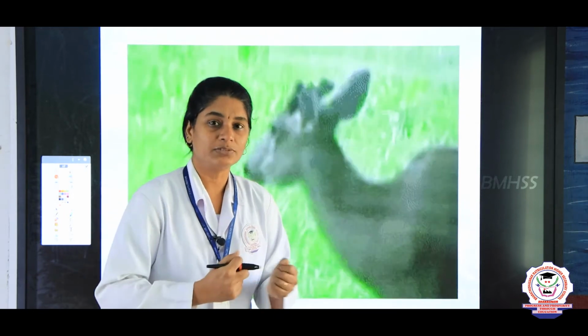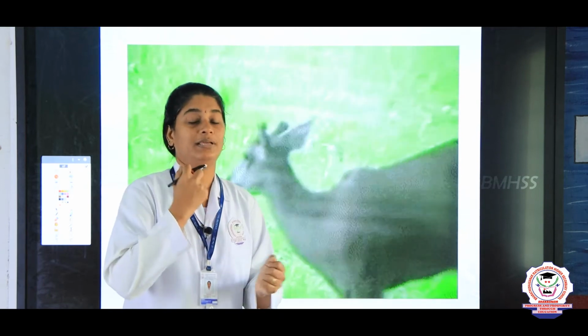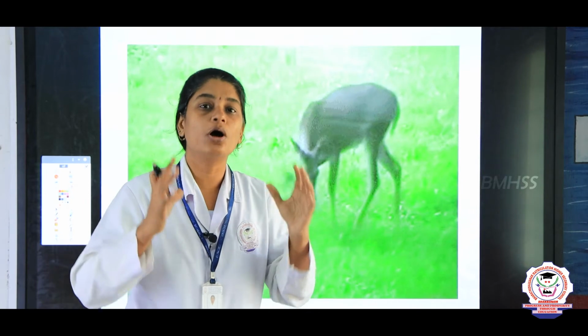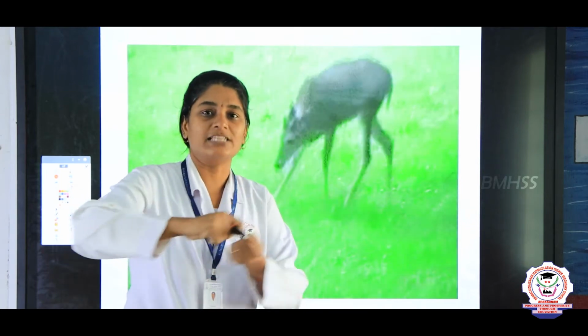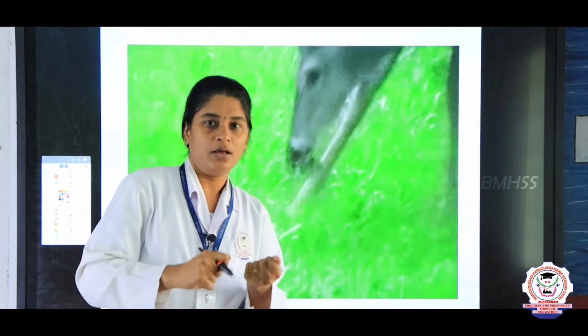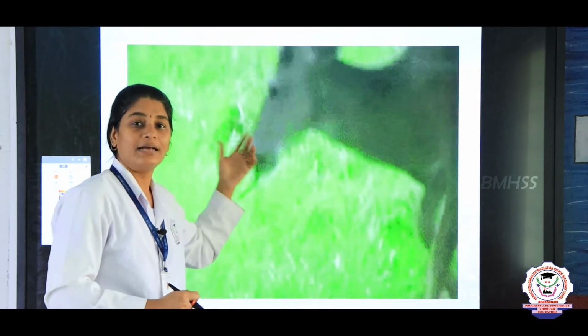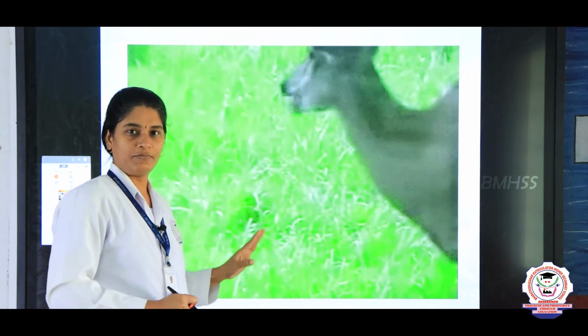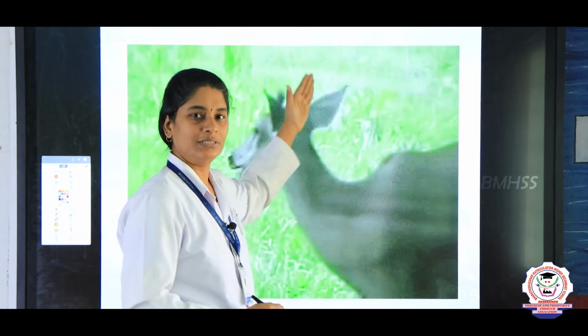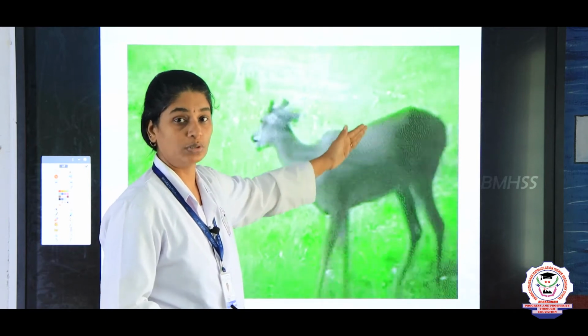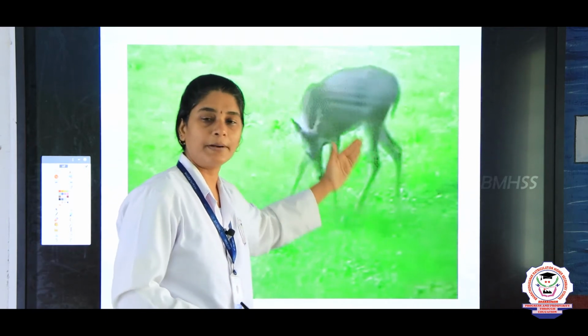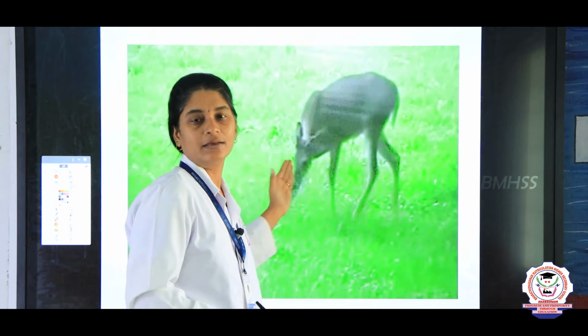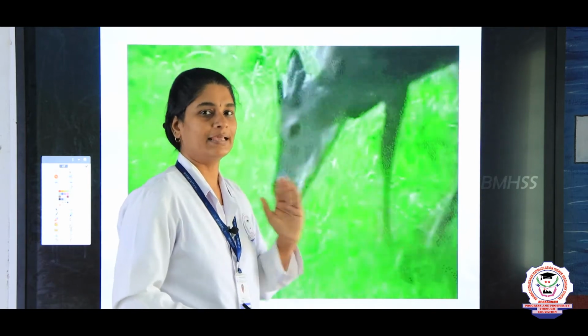That is why herbivores have very strong and broad teeth at the back to chew the plants well. Cow, deer, buffalo, goat, elephant, zebra and giraffe are all herbivores.